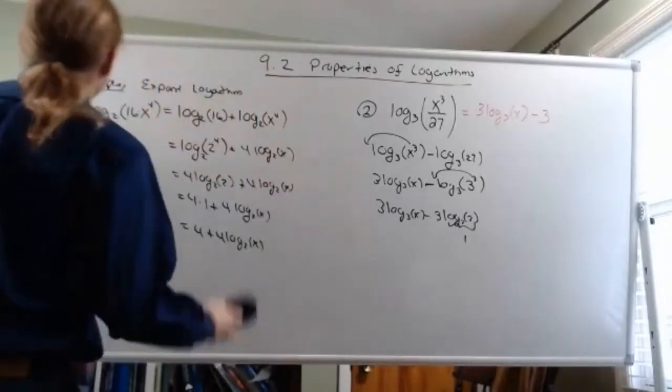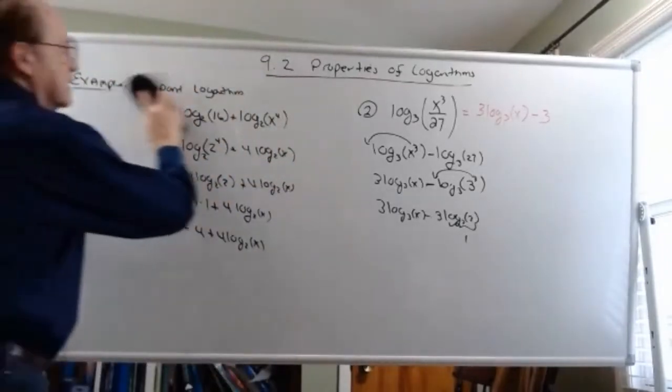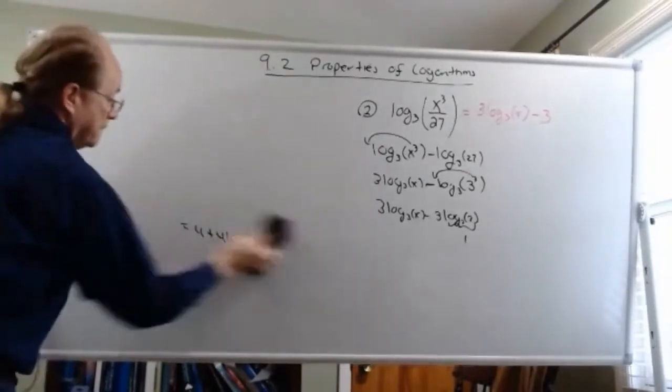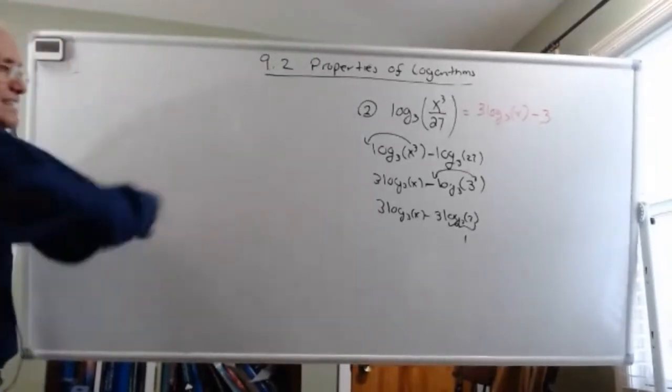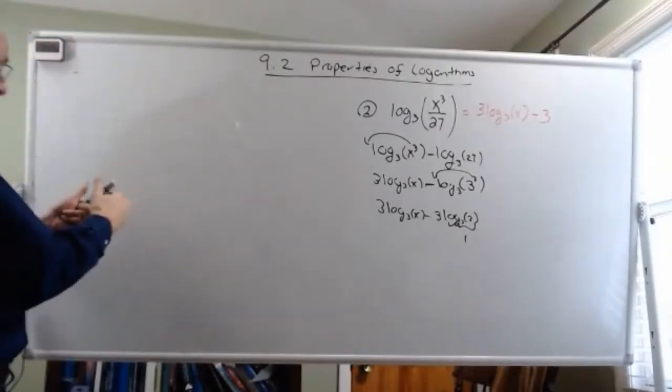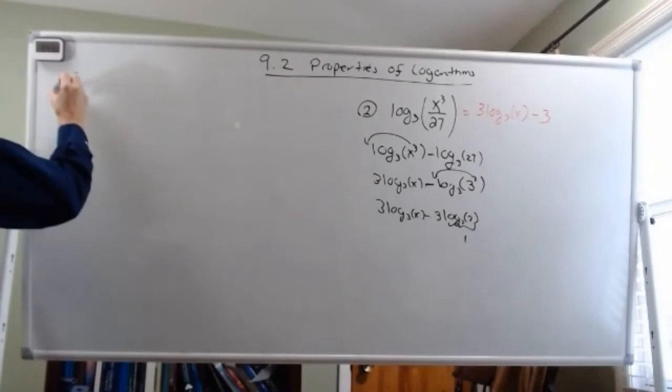Okay, let's try another one and see if you can get this one. So we're expanding out. The harder one tends to be for some students just contracting them in. So try this one as well.